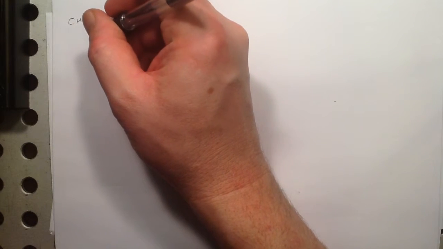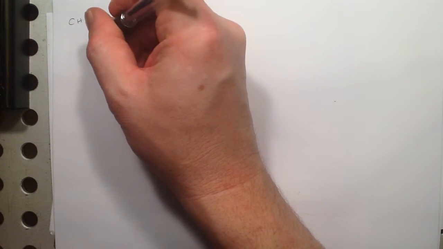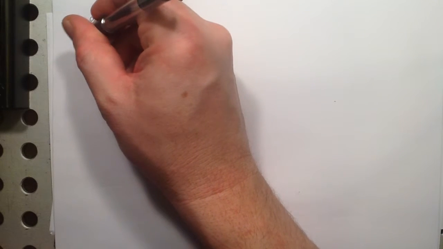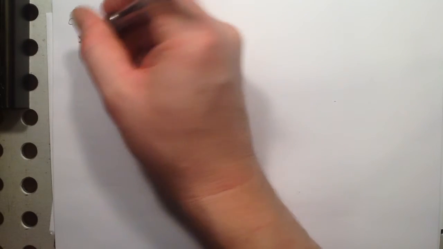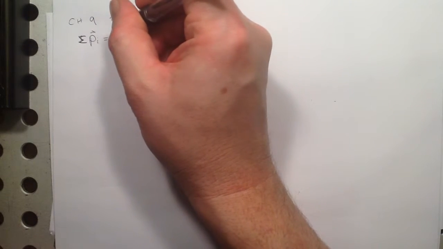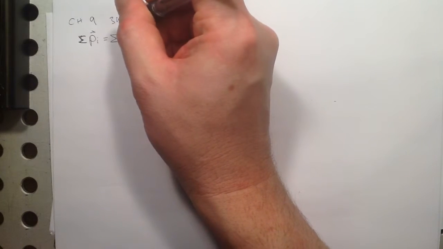So the total momentum before, sorry, it's an ugly looking sigma there. The total momentum before something happens is equal to the total momentum after some interaction. And that is a powerful problem-solving tool.